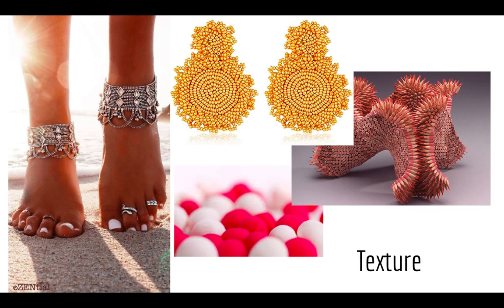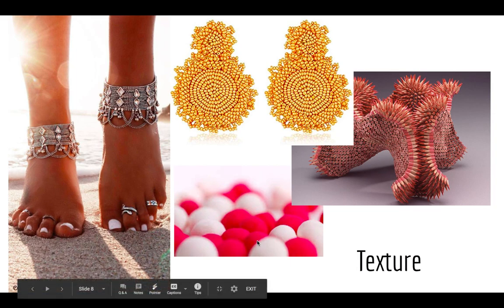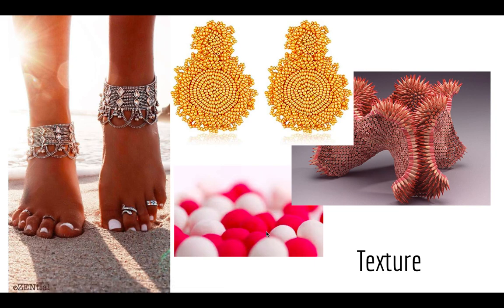Texture, you got it. So when we think about texture, I want to think about how it would feel. So if you were to come and touch these cotton balls here, or pom-poms, or whatever they are, think of how they would feel. They'd feel very soft probably, versus if you came and touched this sculpture made of colored pencils, you would get quite a different feeling.